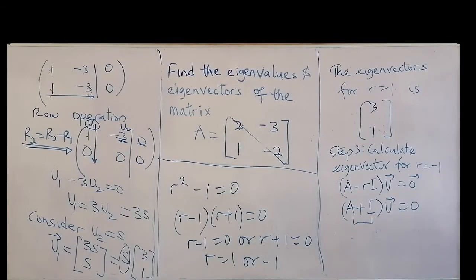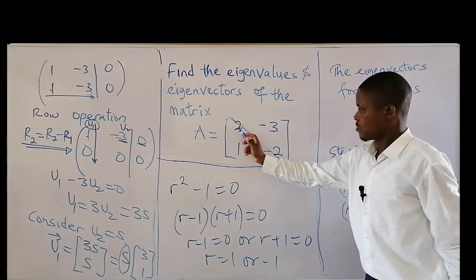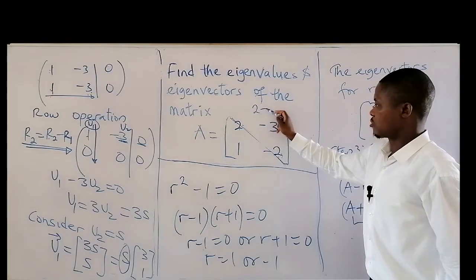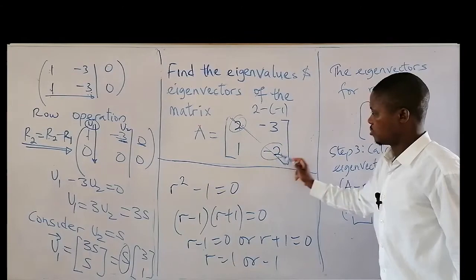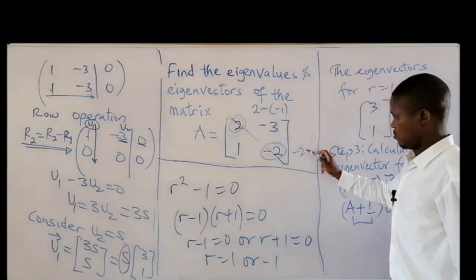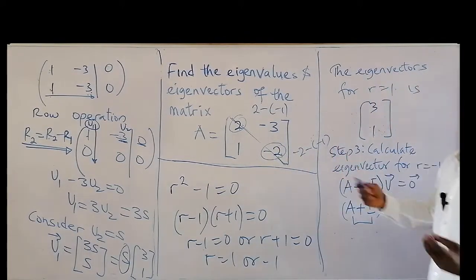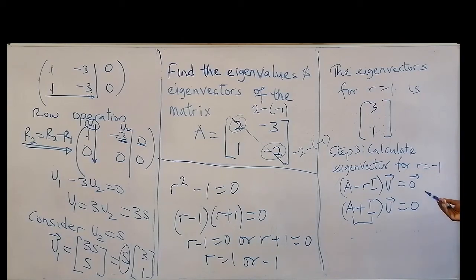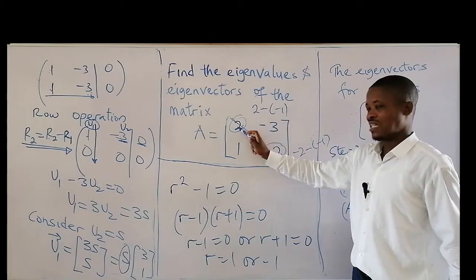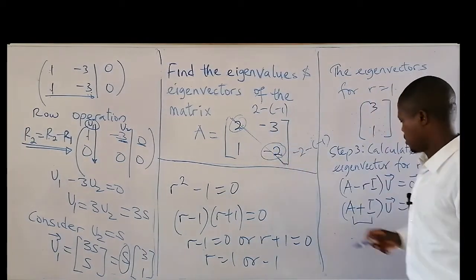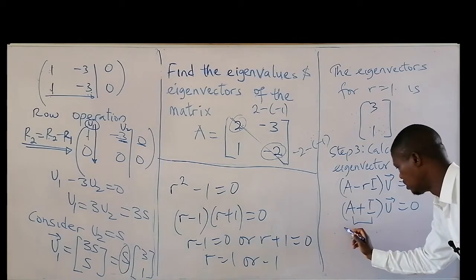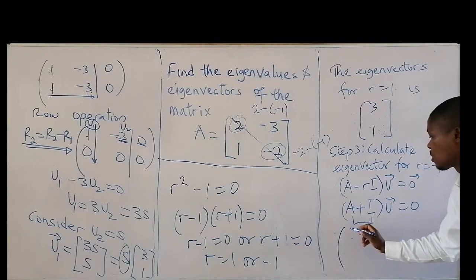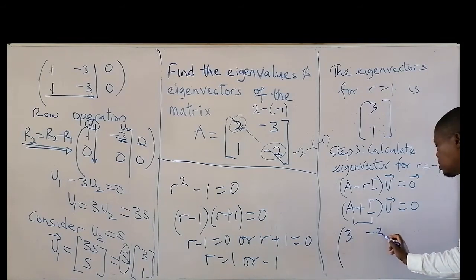And if you want to do that, just come back here, 2 minus 1 for this place. Here also, minus 2 minus 1. So which is the same thing as adding plus 1 to the leading diagonal. Plus 1 here, plus 1 here. Okay? Then that will give us 3 here, minus 3.